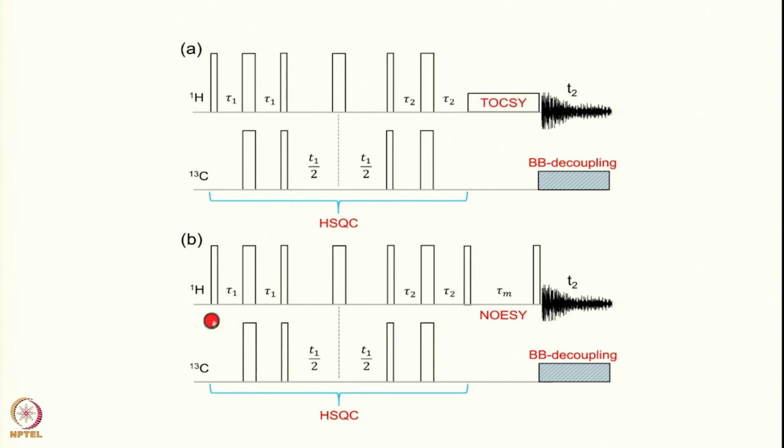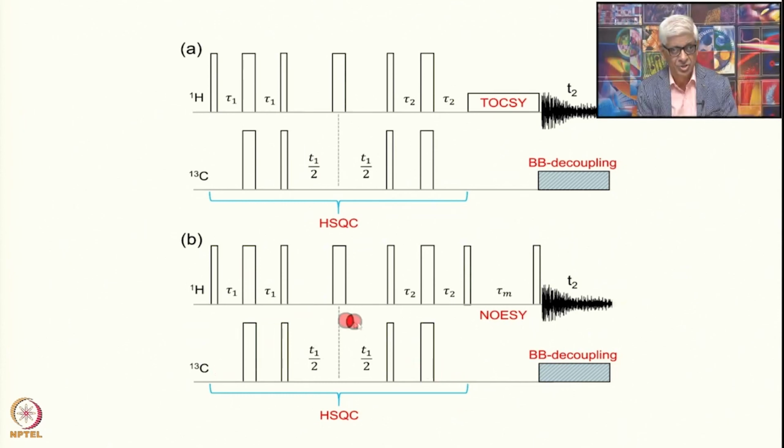Similarly, in this particular example, until here you have the HSQC spectrum, so the C13 proton correlation, and then after this portion which is added here, this is the NOESY. So you have the mixing time here, tau m is the NOESY mixing time. During this period you have the transfer of information happening between the protons which are close by in space.